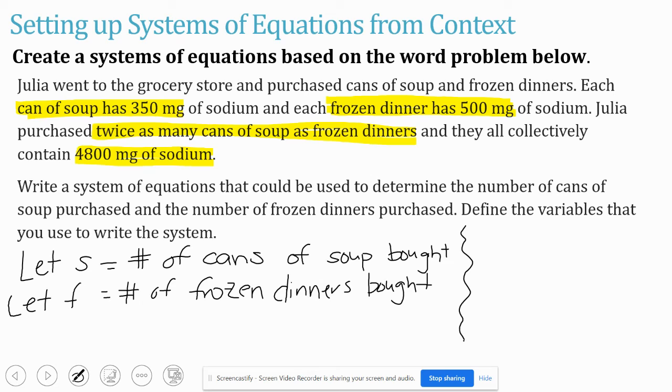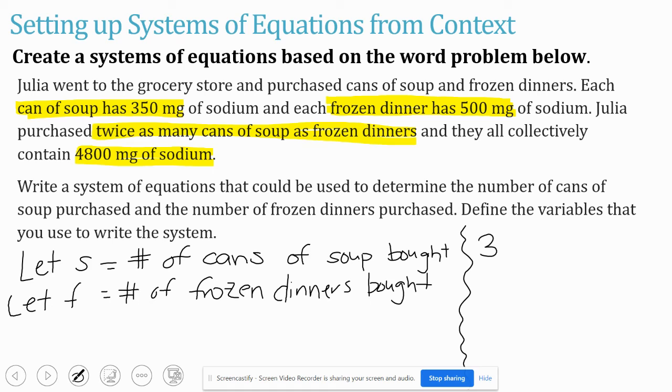Okay. So now that we have our variables, those are the two variables that we're going to use in our system. So let's first talk about the amount of sodium we have here. So here we have 350 milligrams, 500 milligrams, and 4,800 milligrams. Because they're all talking about the same thing, which is the amount in a can of soup, the amount in a frozen dinner, and then all together, that's going to go into one equation here. So 350 is how much a can of soup has.